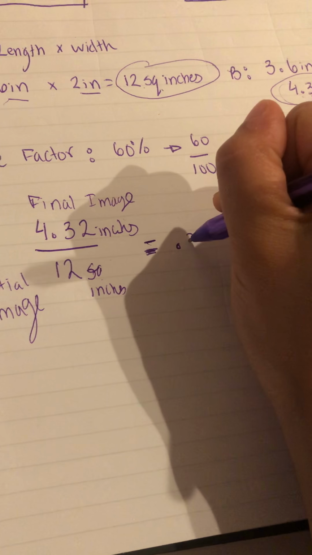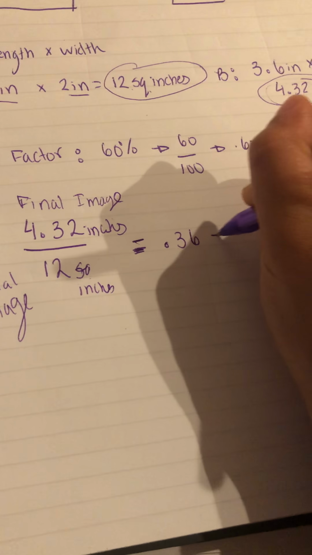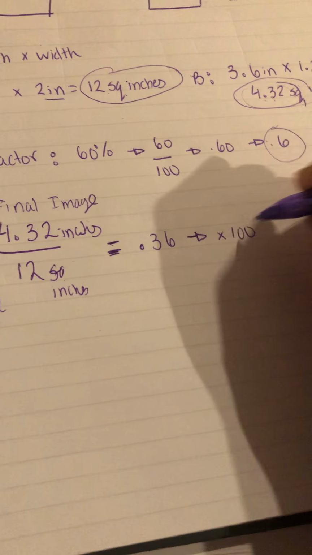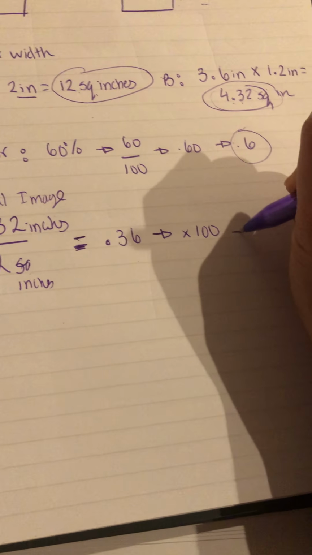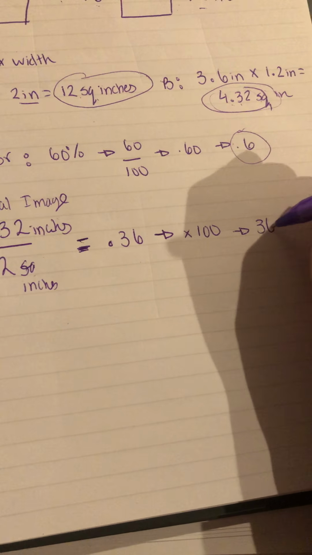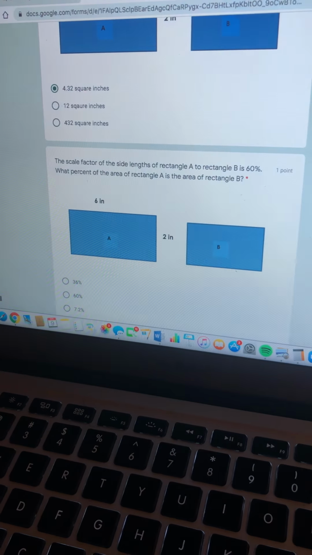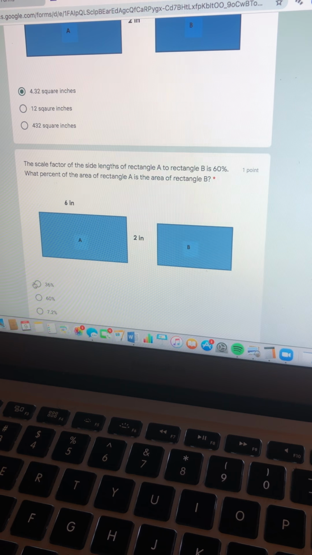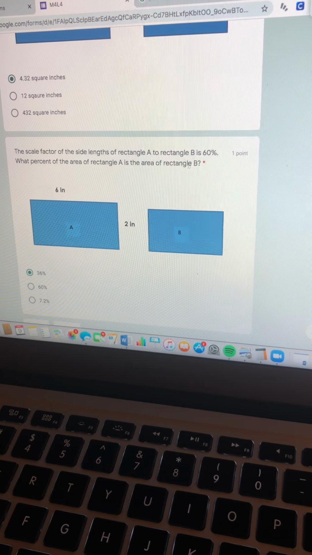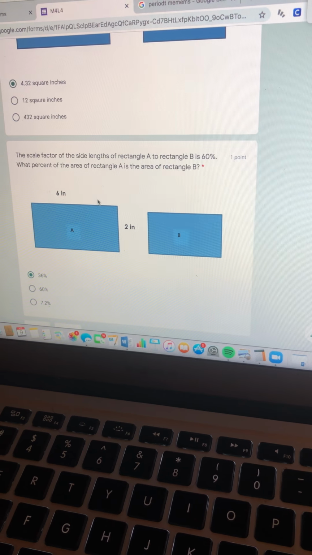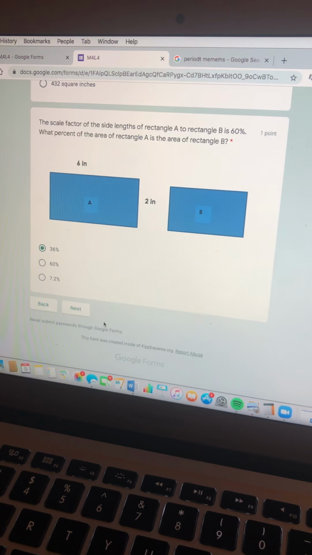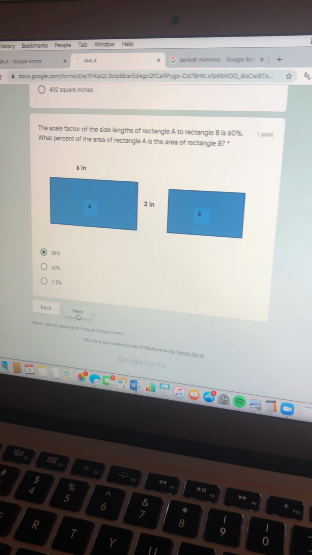We want it as a percent, so we multiply that by 100, and that gives me 36%. So rectangle B is 36% of rectangle A. That's all it's asking. Now we're going to press next.